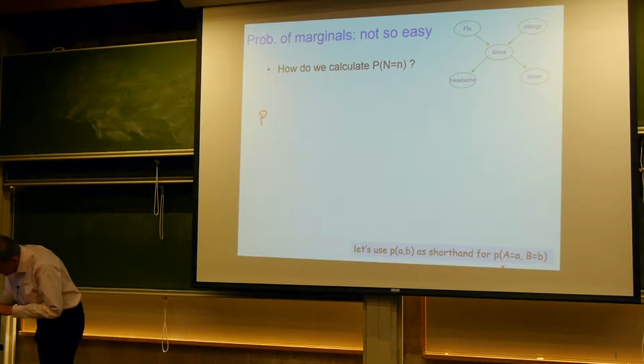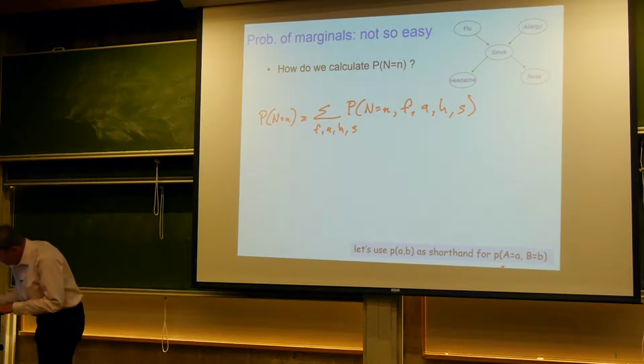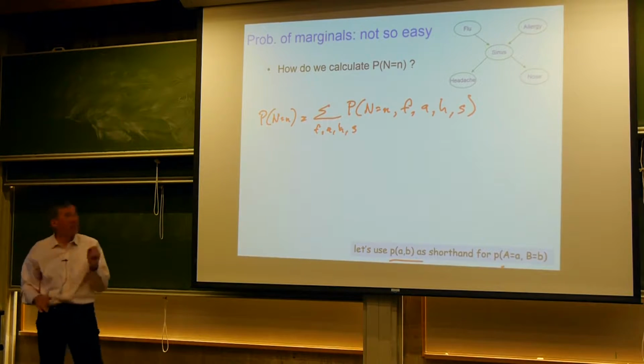I'd say the probability that N takes on little n is just the sum over, let's say, little f, little a, little h, little s of the probability that N equals little n, and I'll just abbreviate our usual way, like that.